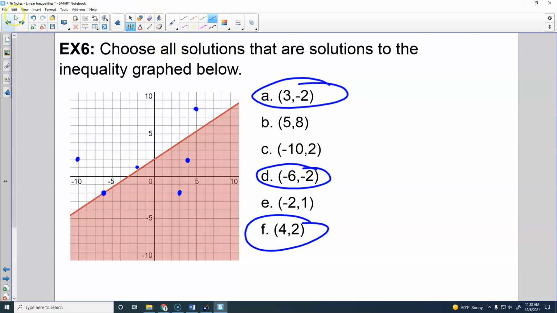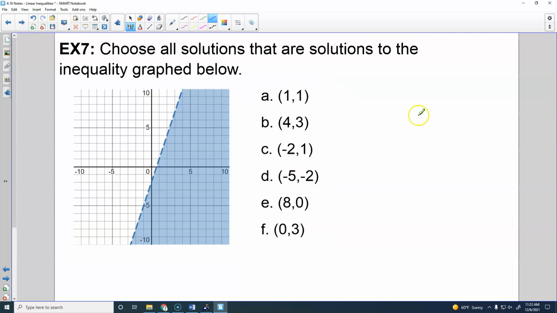Okay, questions? All right, hold on. Let's just do this last one together. All right, so 1, 1. Is that a solution? It would almost be, but it's a dotted line this time, so it is not. Dotted line is not included, so you don't include it if it's a dotted line. 4, 3, yes.